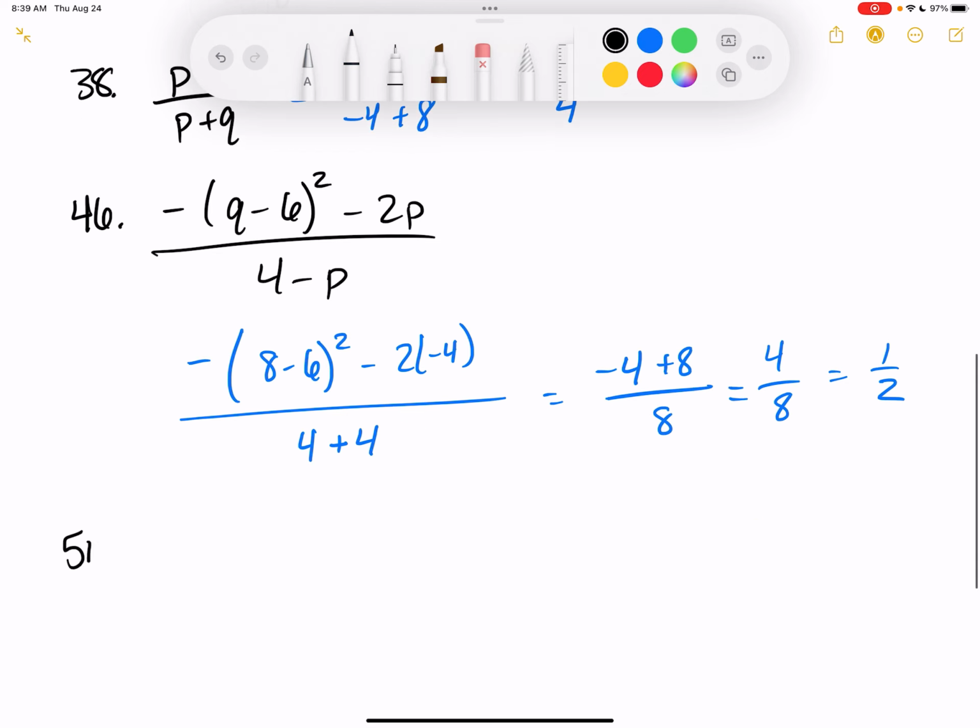So 50, 8 times m plus 4 is equal to 8m plus 32. So which of those properties shows what happened to get from here to here?